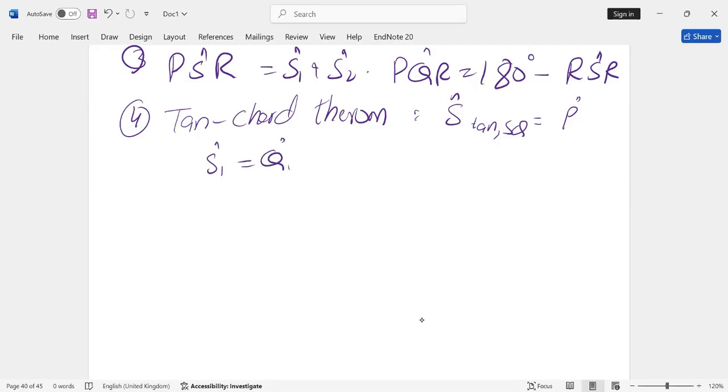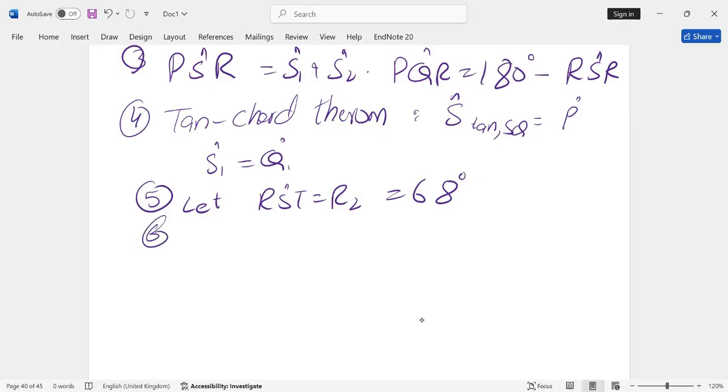So the fifth point we have: let RST equal R2. RST equals R2 is equal to 68 degrees, exterior angle of a cyclic quadrilateral. And the sixth point is that QR is equal to 180 minus PSR degrees.